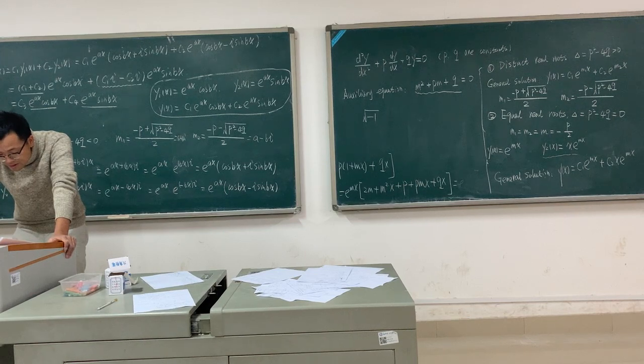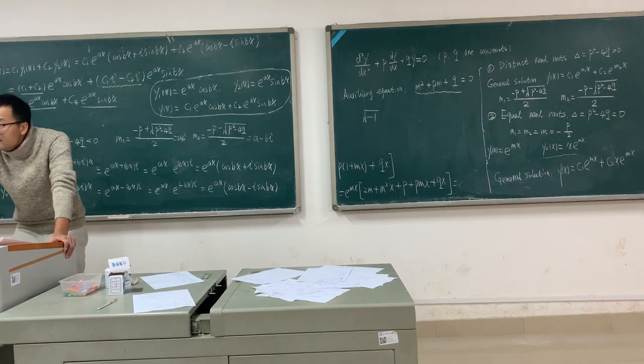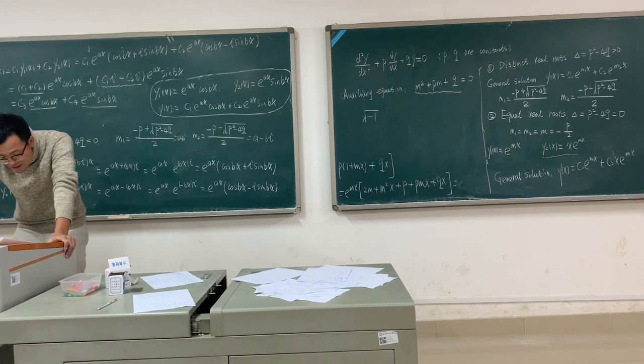For this case, the general solution is y equal to c1 e^(mx) plus c2 x e^(mx). And the third case is complex roots m1 equal to a plus bi, m2 equal to a minus bi. For this case, the general solution is y equal to c1 e^(ax) cosine bx plus c2 e^(ax) sin bx.